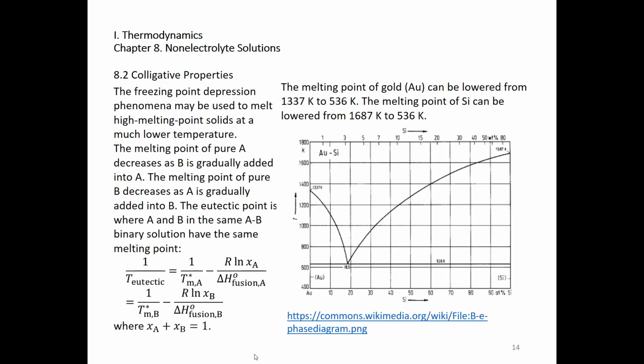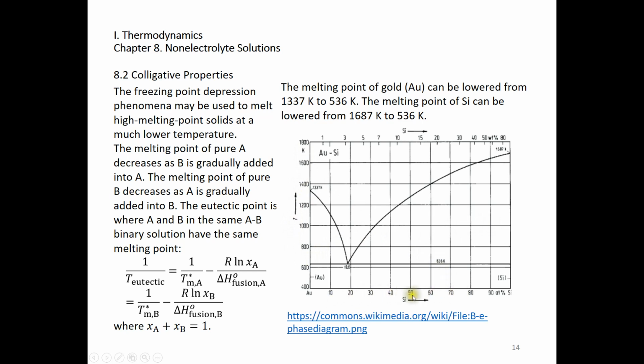Now let's look at the freezing point depression again. What if we mix two solids? For example, we can mix gold and silicon. When we mix gold and silicon, we actually lower the melting point of both. Now if you look at this phase diagram, we have temperature here in Kelvin.